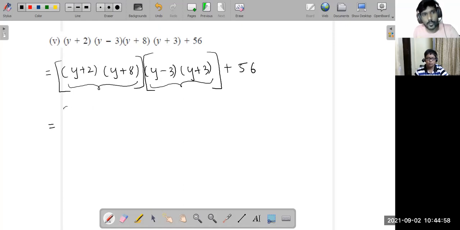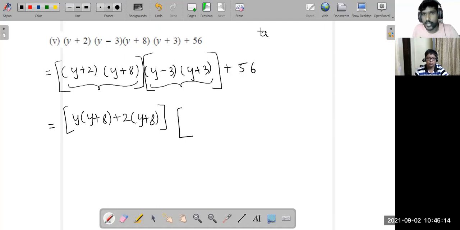So this would become y into y plus 8 plus 2 into y plus 8. Here, if you see, this is of the form a minus b, a plus b.